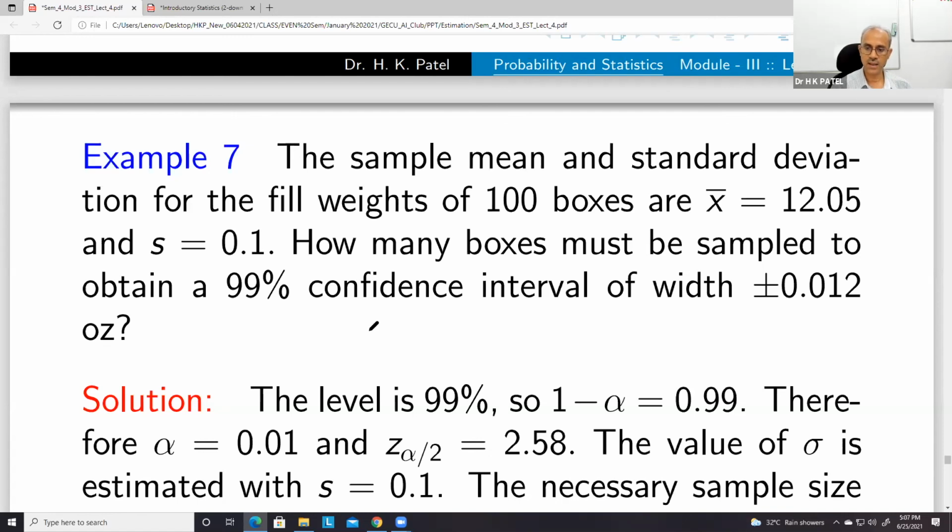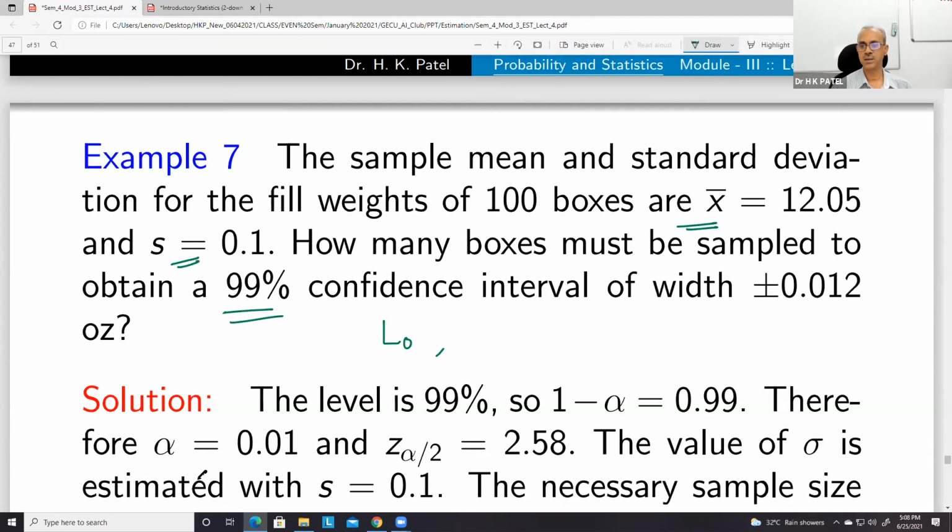So here the length L0 is given, the confidence level is given, the mean is given, and the standard deviation is given. And n is also given as 100 boxes. So you can just substitute these values.